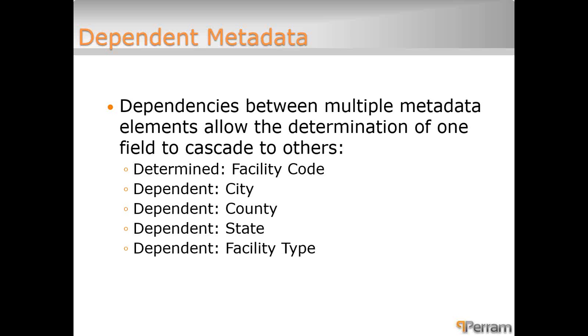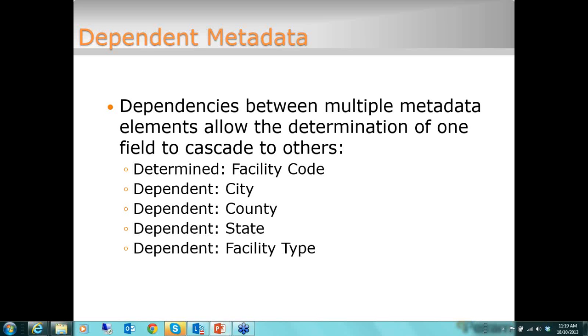That might tell us the city, the county, the state, the facility type, right? So it's a good exercise to go through once you've developed your metadata lists. Assuming you went doc type and then metadata elements below that, see if there are dependencies that can feed off one another. It may require the development of a matrix outside of the metadata model that supports those dependencies. So we know that if we can identify the facility code, we can auto-populate 4 or 5 values.